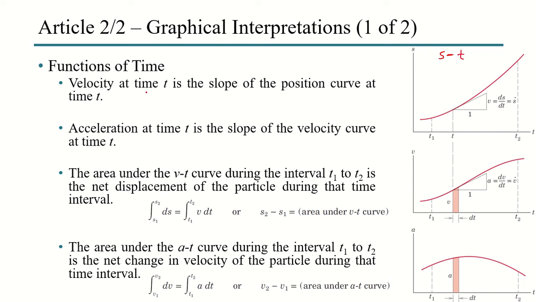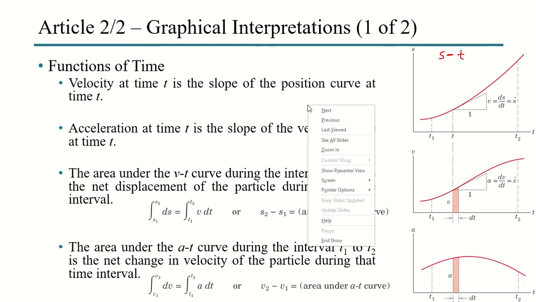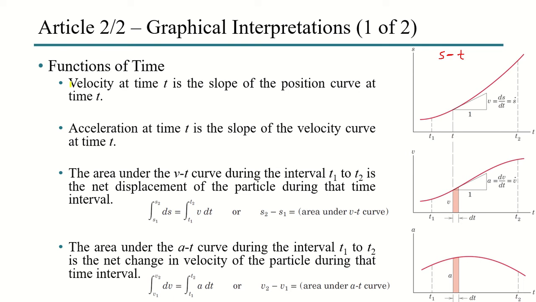Velocity at any time t is the slope of the position curve. So velocity is just the slope of the position curve at time t.